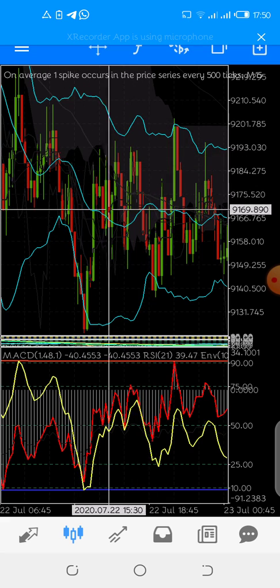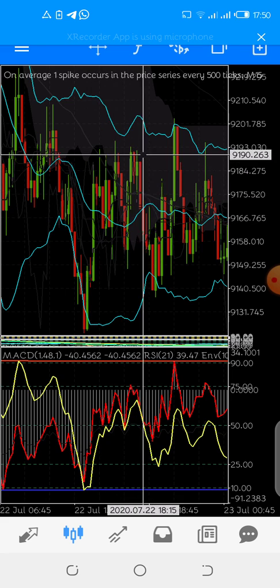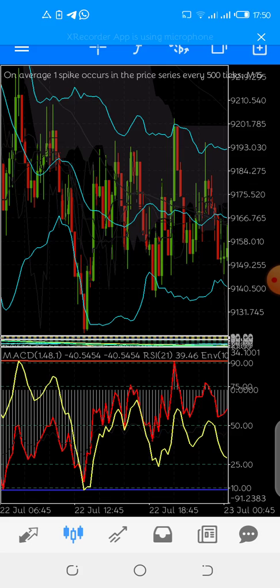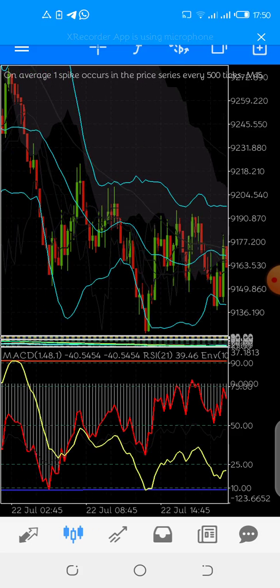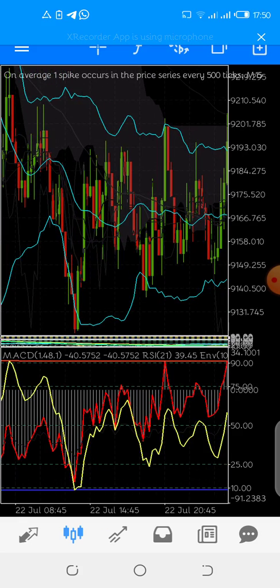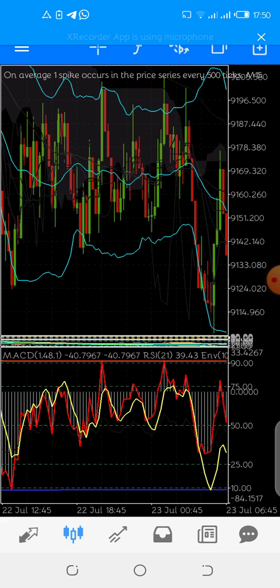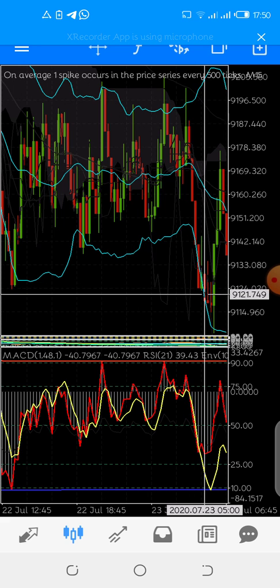So I always look for such setups when the Bollinger Band is wide and we are in a ranging market. Okay, and in such a situation when we are in a ranging market, your peak levels of the MACD, level 90 and level 10, will not shift. Okay, check here, check this here.